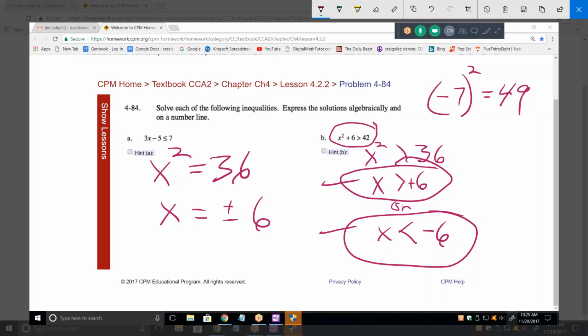But mainly the things you have to be careful about: you can't divide or multiply by a negative number without changing the direction. And when you take the square root of both sides, you have to make it greater than the positive number or less than the negative number. All right, let's go on.